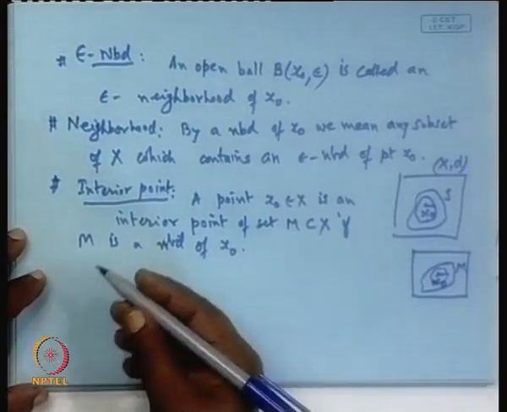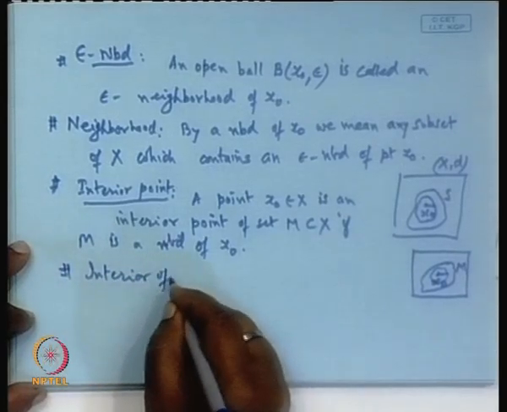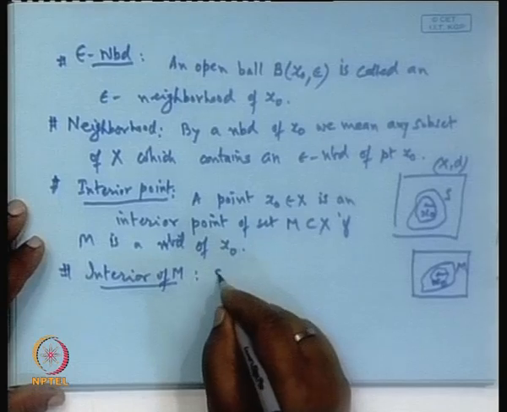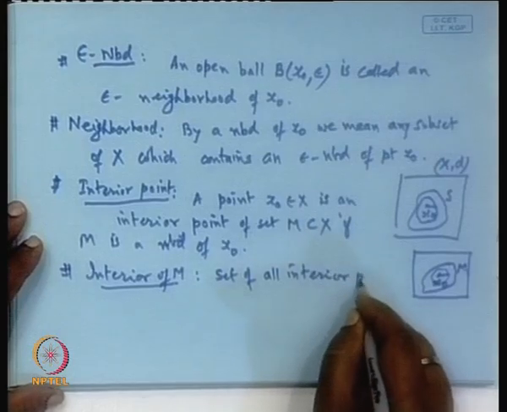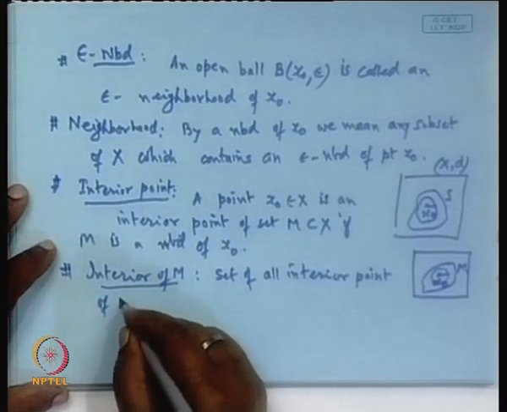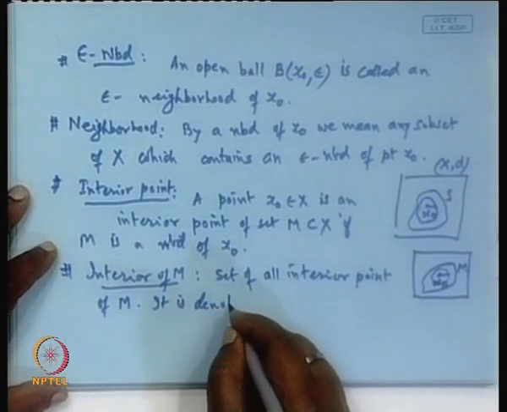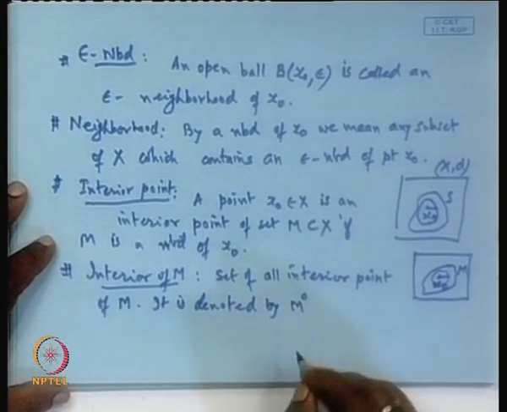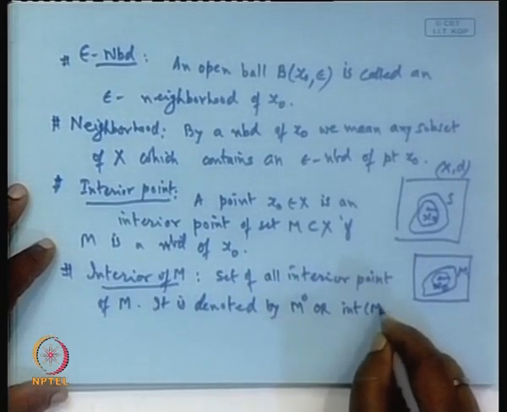So, the interior of M is the set of all interior points of M, and it is denoted by either M with a superscript 0, or some authors write INT M, the interior of M.